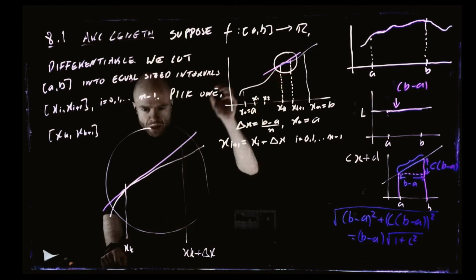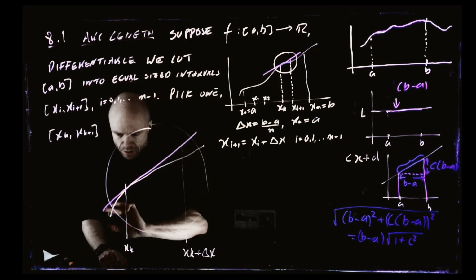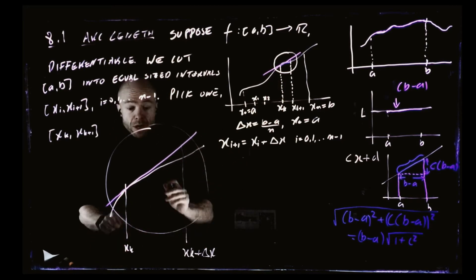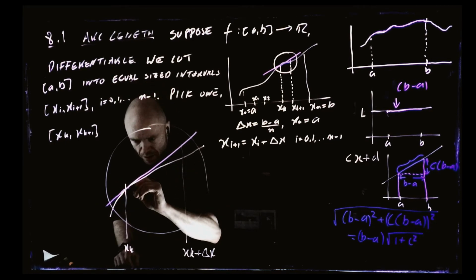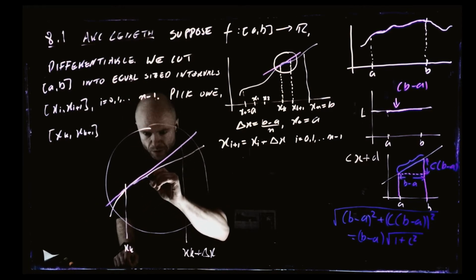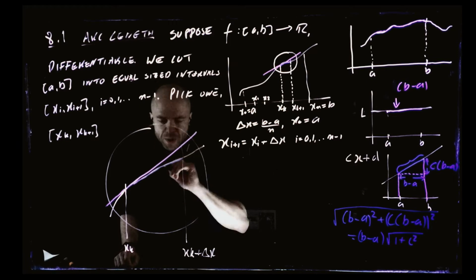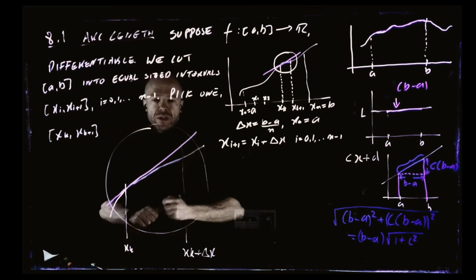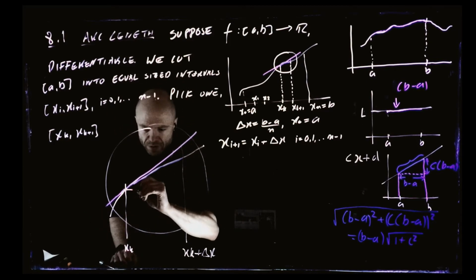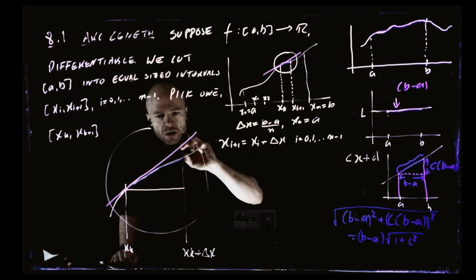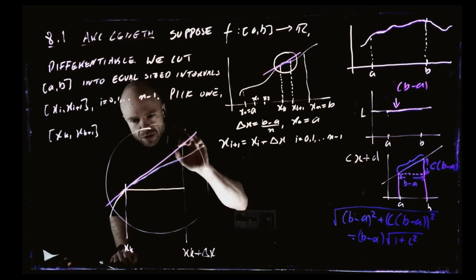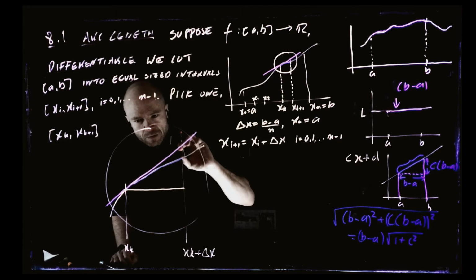We're just drawing pictures, stuff that we know. All right, so if we want to find out this length here, which I'm outlining, of the graph above this interval, we can make a very good approximation to this length by just figuring out the length of the actual tangent line, because it's really, really close.